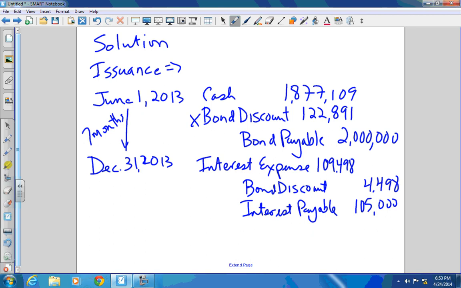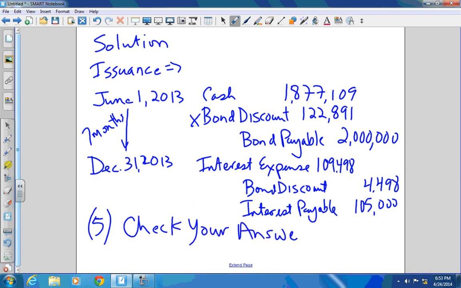And then provide our solution. Now, last step, right? Check your answer. Check your neighbor or the person that you're working with and see if they got the same solution. All right. So that's accrued interest amortization.